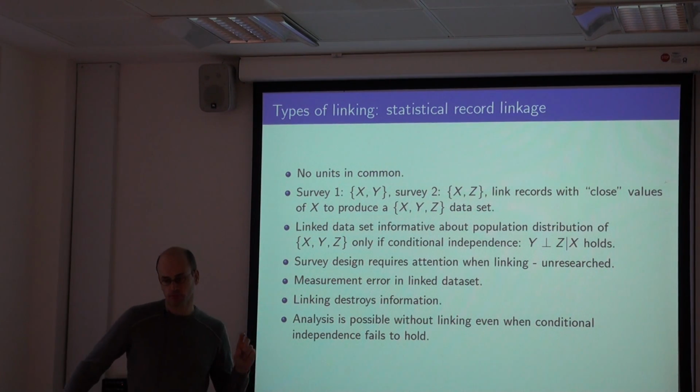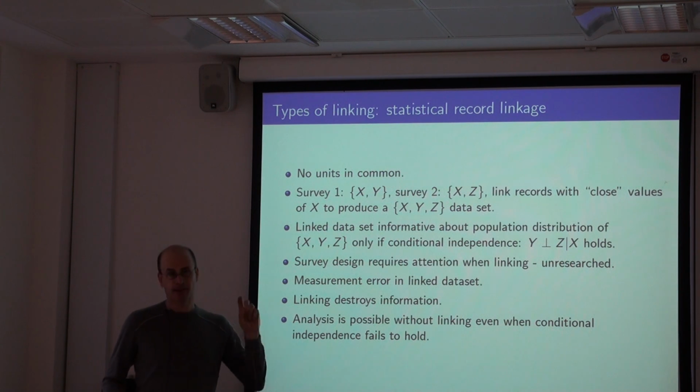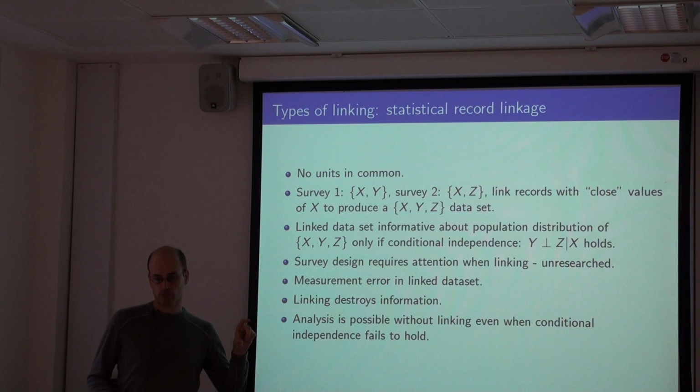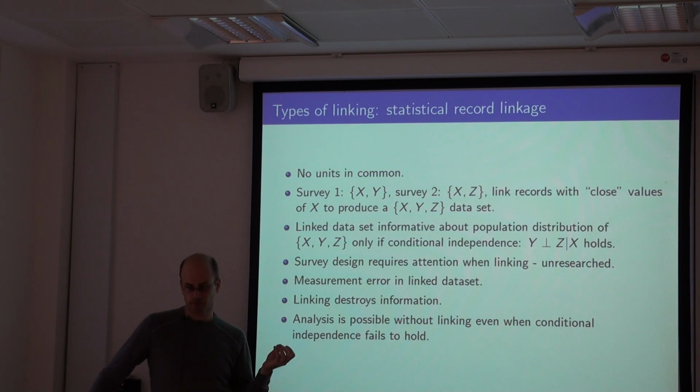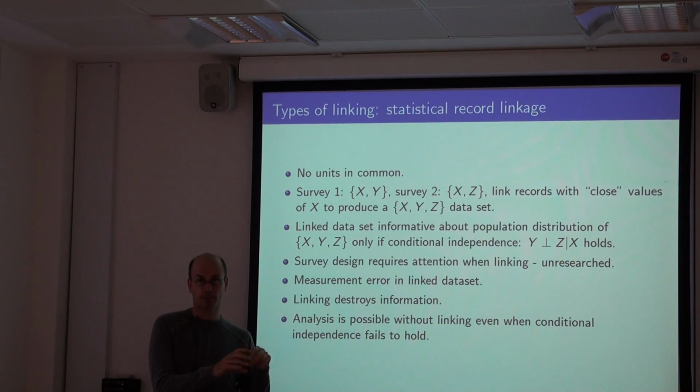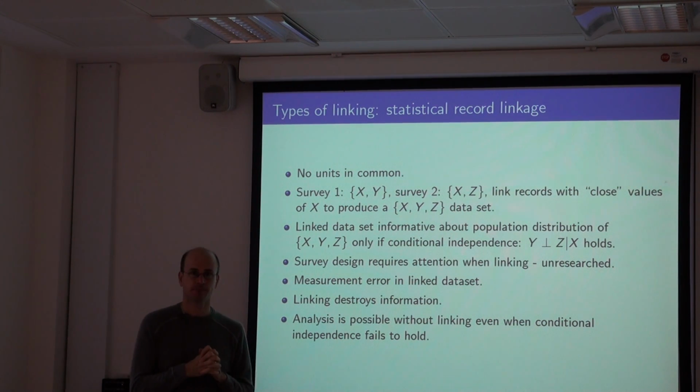The idea would be you have a sample of houses, and you have one sample. Address is the wrong example. Maybe a better example is they're anonymized, so you don't have the address anymore.